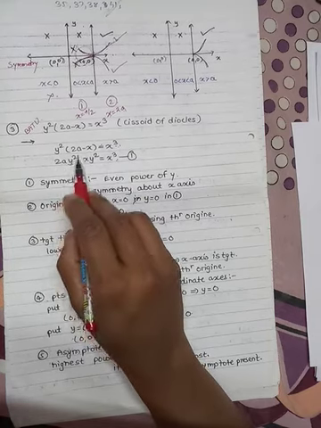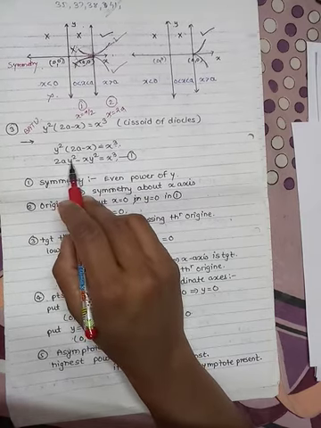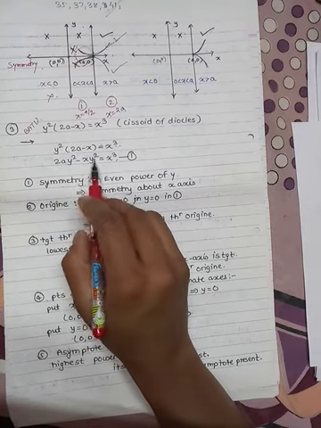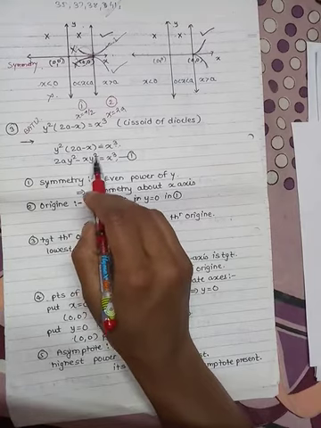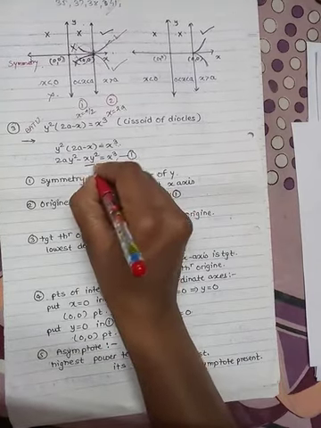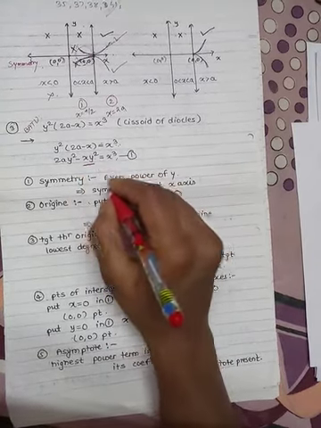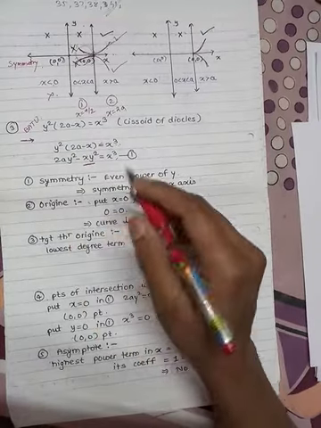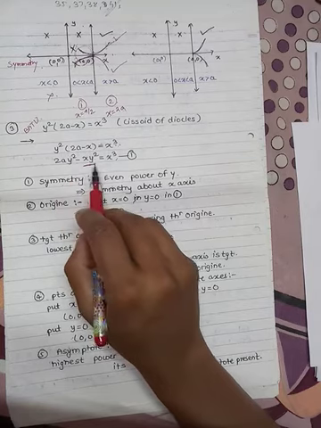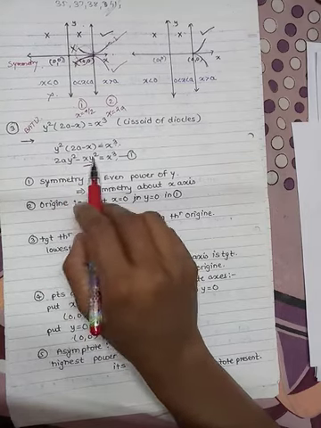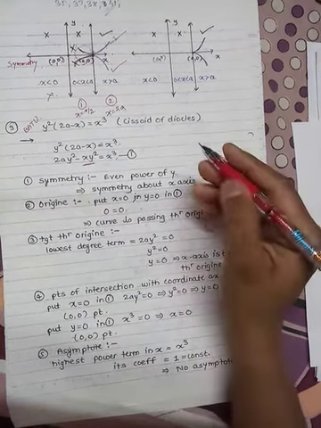Here 2a y square contains an even power of y, that is y square. The term x y square also contains an even power of y, that is y square. All the terms contain even power of y.